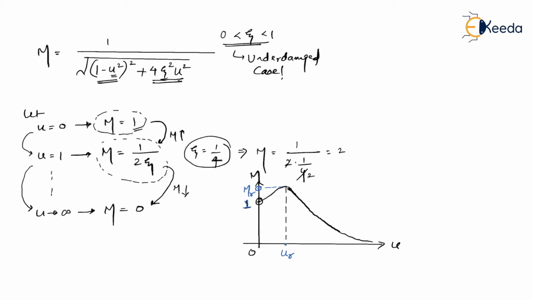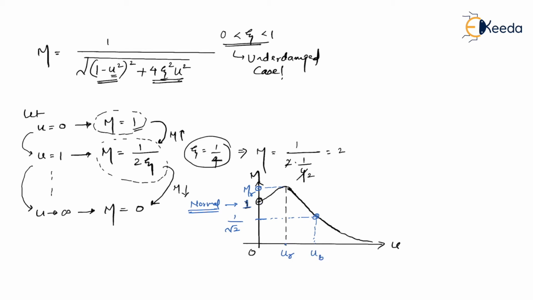You remember something called bandwidth. So how do we take the bandwidth? Bandwidth means the range of frequency over which I'm getting satisfactory output. When I consider 1 as the normal magnitude, then 1 by root 2 is the acceptable amplitude. So 1 by root 2 will lie somewhere over here, and if I project it on this graph, I will get one more frequency, defined as UB.